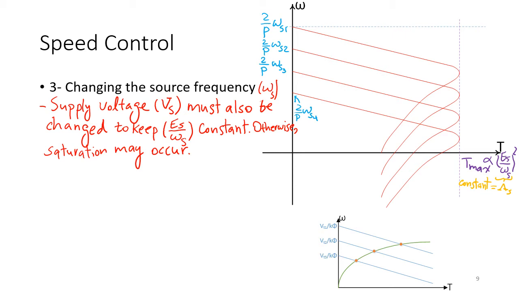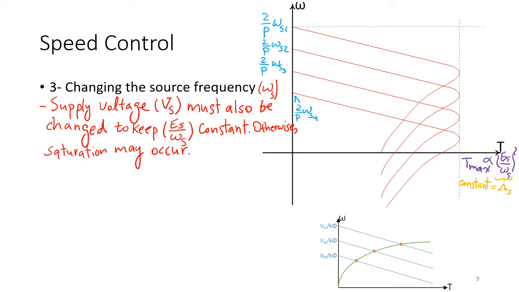So the Tmax remains constant, but the synchronous speed starts to change. It's like we are shifting everything. The flux is constant, but we are changing the frequency.